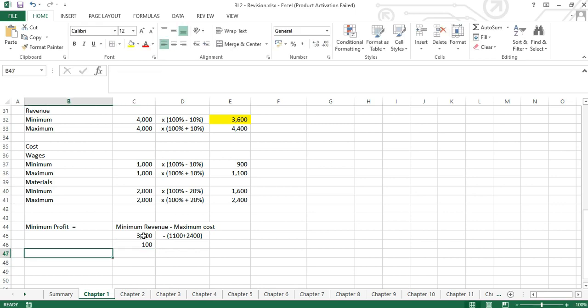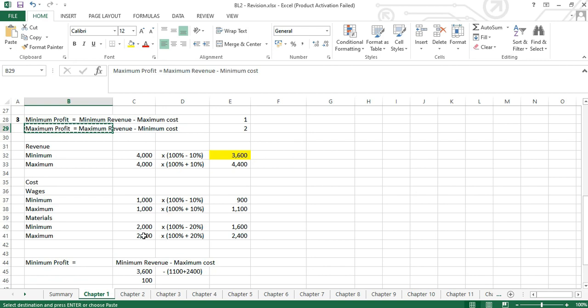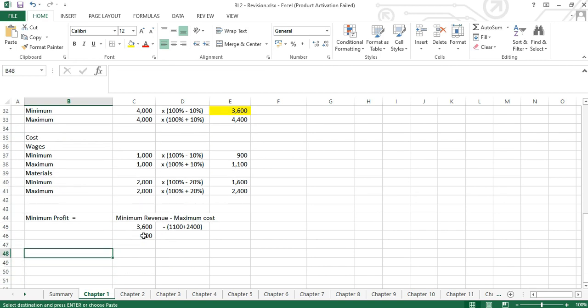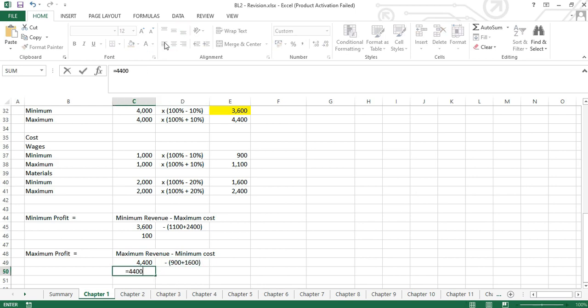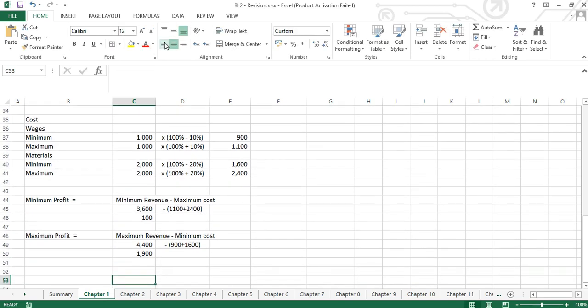100. Whereas the maximum profit will be the maximum revenue 4,400 minus the minimum costs, which are 900 and 1,600. Which will give you a maximum profit of 1,900.